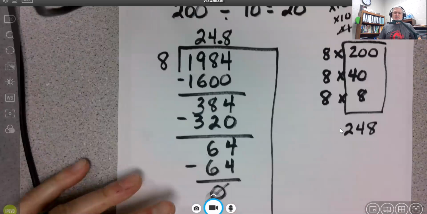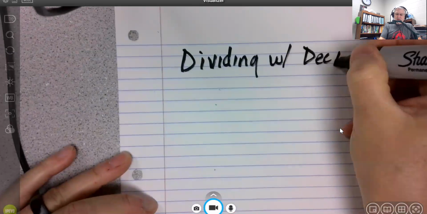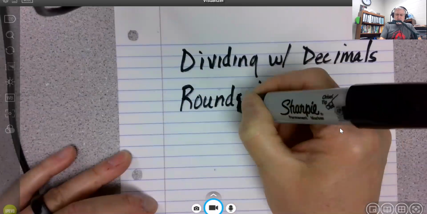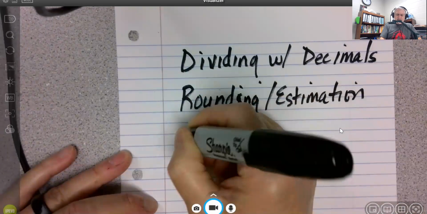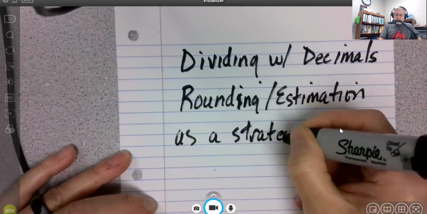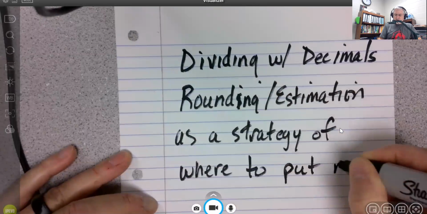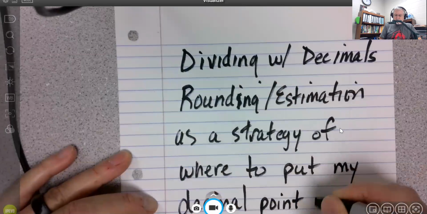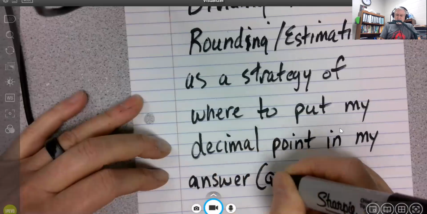Okay, so this is dividing decimals. Okay, so we're actually dividing with decimals, and we're using rounding or estimation as a strategy of where to put my decimal point in my answer, or that's also called a quotient.